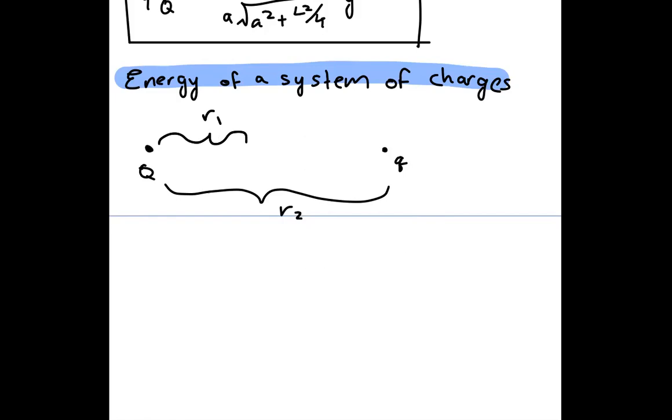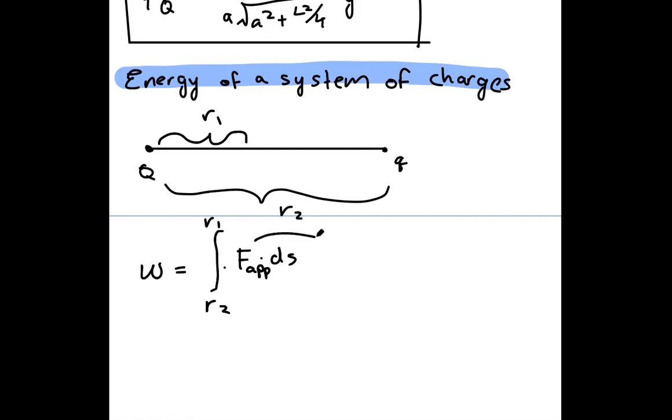Now we know from mechanics that, so let's draw this to represent the distance between Q and Q, that work is equal to the integral of the force applied times ds. So we're moving from R2 to R1. So our lower bound of integration is R2, our upper bound of integration is R1. And the force is F applied in this case.